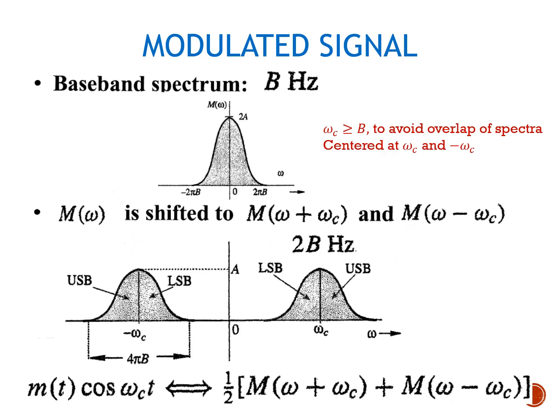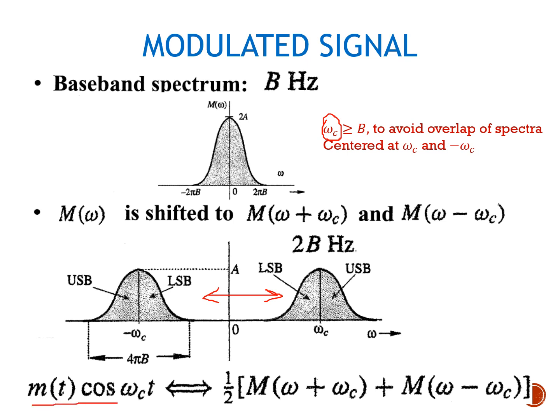So the modulated signal, let's study some more about it. The carrier frequency omega c should be greater than or equal to the bandwidth of the modulating signal. Otherwise, these two sidebands will overlap each other, and it would be difficult to retrieve the signal at the receiver.